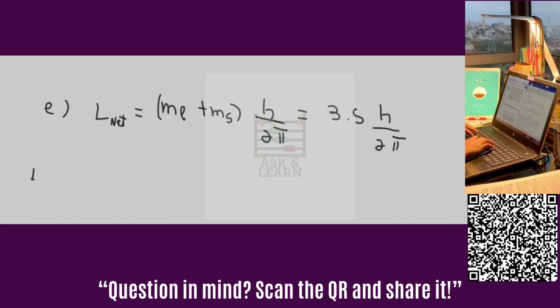So we have Lz, which gives an mj total of 8. So this is 7 plus 1.